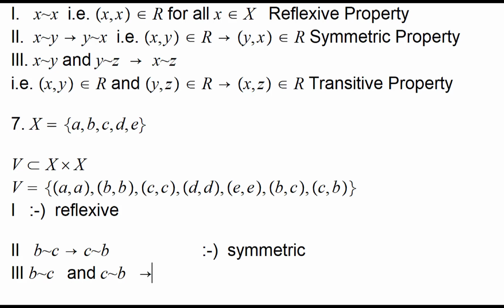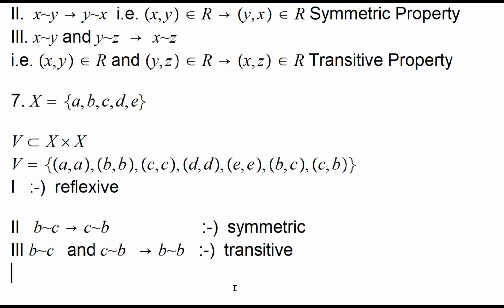So here we have B related to B, and that's the only place where we needed to verify, because everything else falls in a different category. So we have this relationship transitive as well.